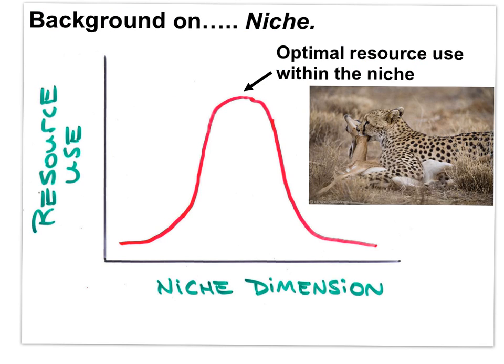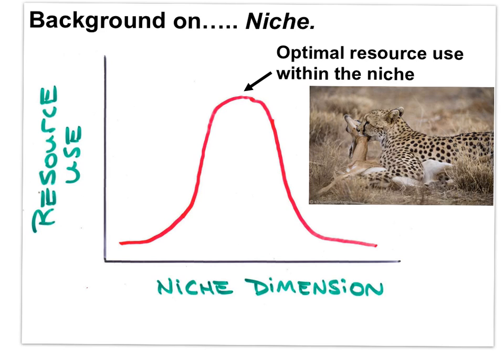So before I address the question, can two different but closely related species occupy the same niche over an extended period of time, we must look more carefully at the term niche. I want you to think of niche as the way in which the species gains resources optimally. The role of a species is defined by optimal resource gathering.